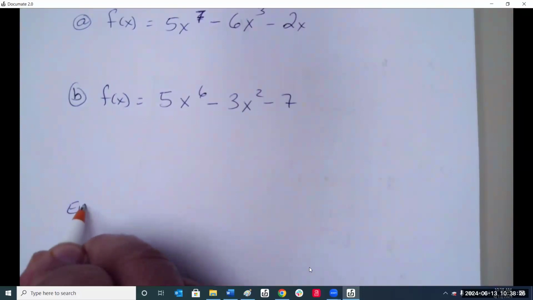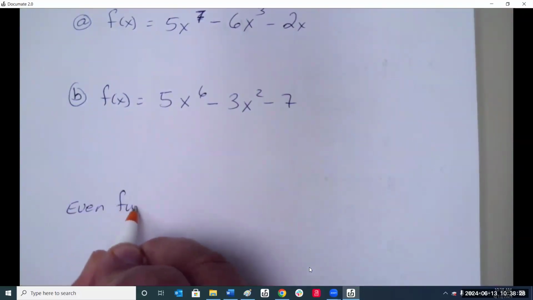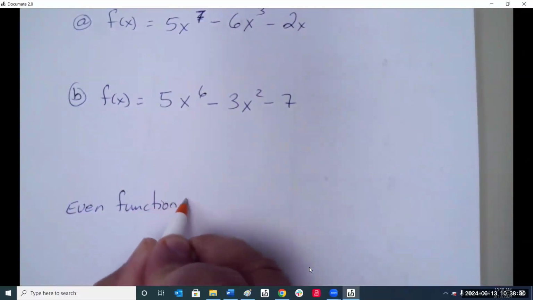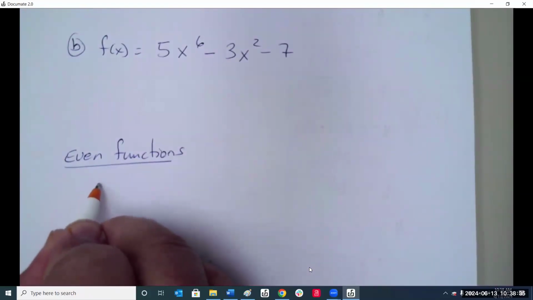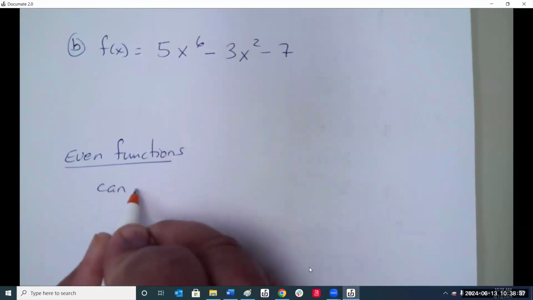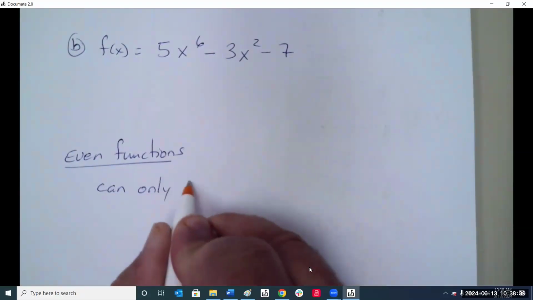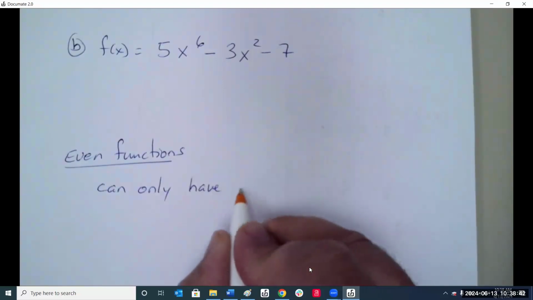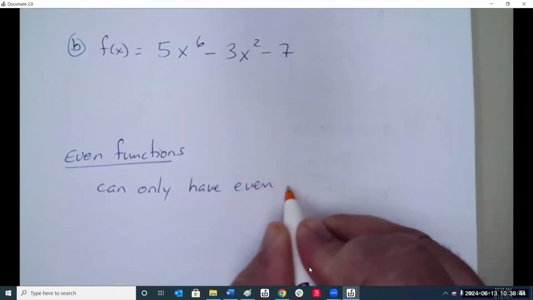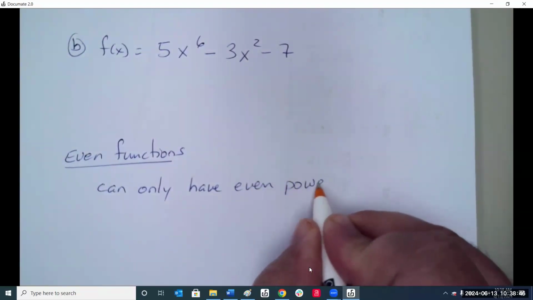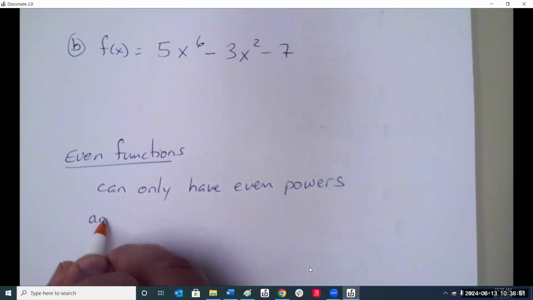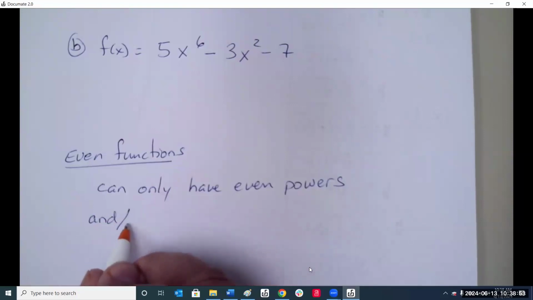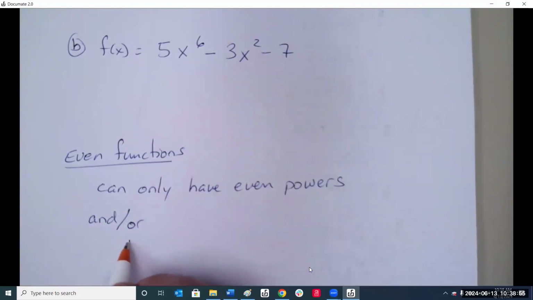Even functions can only have even powers and or a constant.